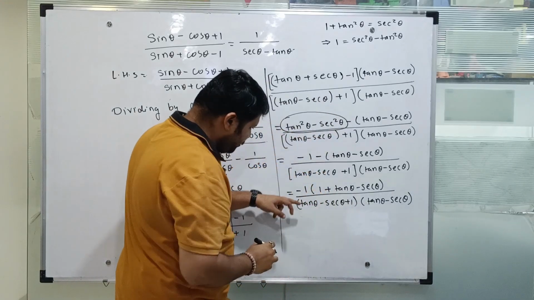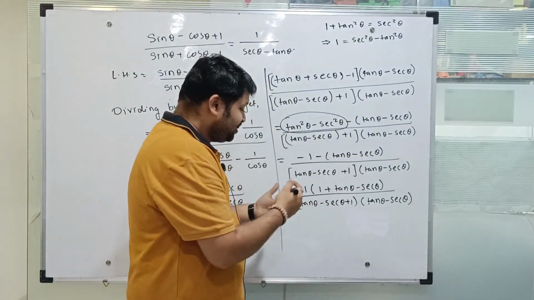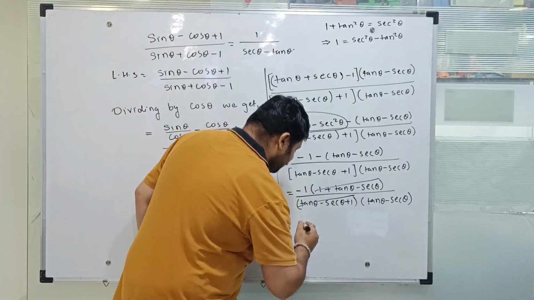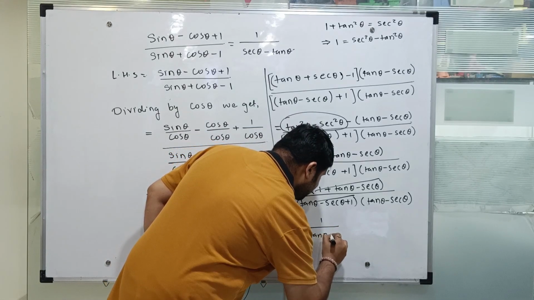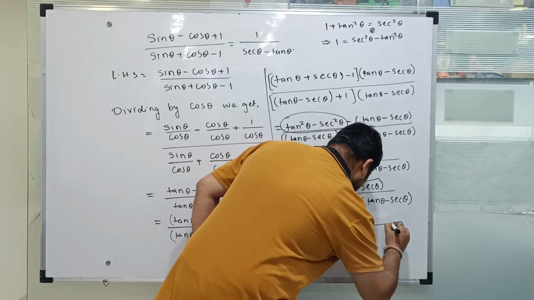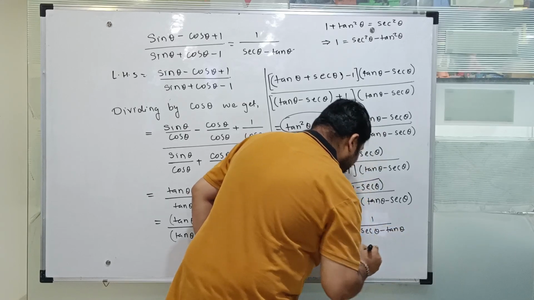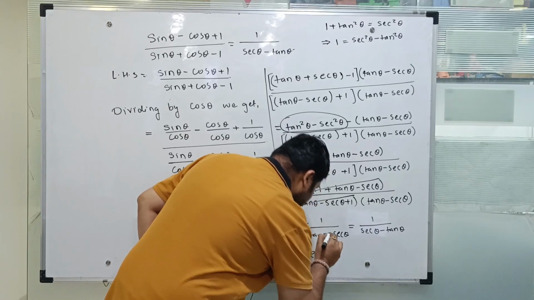Now if you see, this quantity and this quantity are exactly the same but in a different order, so we can cancel them out, giving us minus 1 upon tan theta minus sec theta, or we will get 1 upon sec theta minus tan theta, which is equal to our RHS.